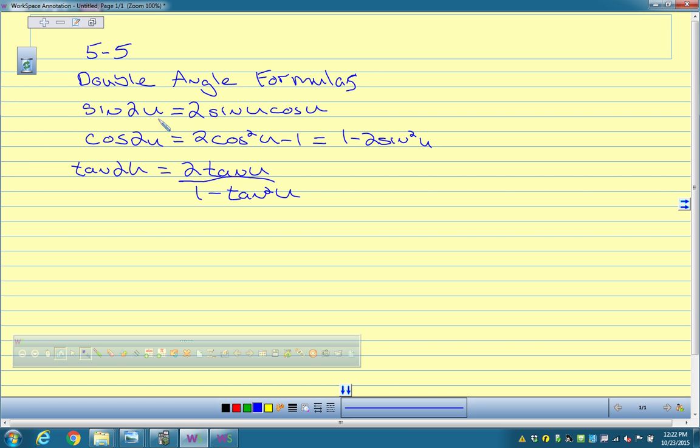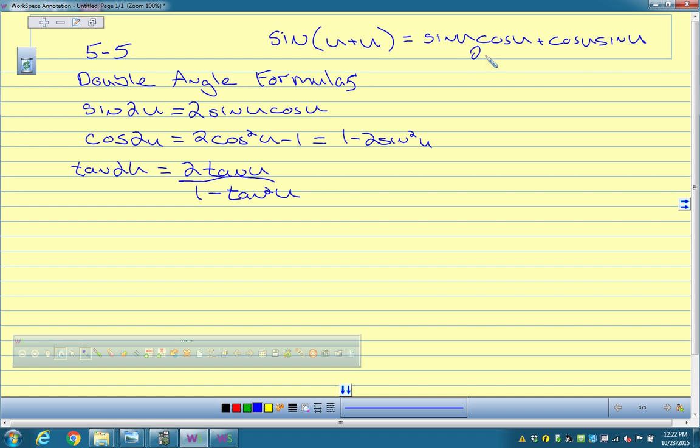But these can be easily derived. The way they derive the first one is, instead of calling it sine of 2u, they call it sine of u plus u, right? And then they use the angle addition formula just to show you where it comes from. They say sine u cosine u plus cosine u sine u, and then what is that equal to?